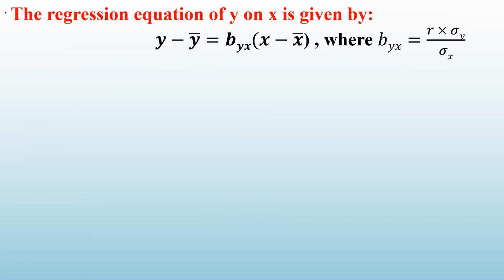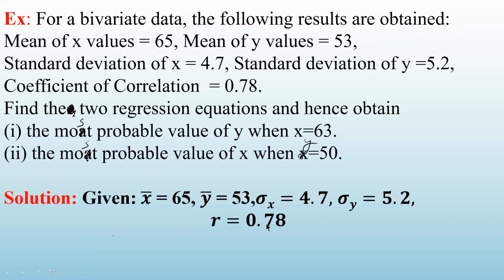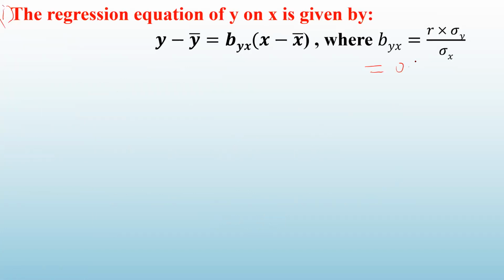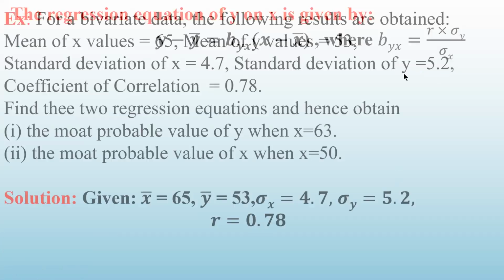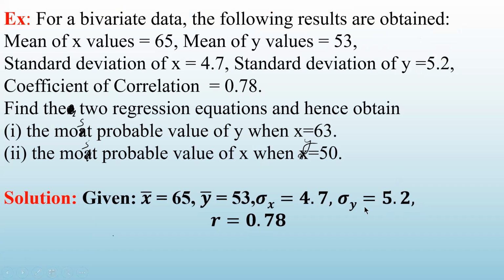This is our first question. So calculate this. Byx is r into sigma y upon sigma x. What is r? R is 0.78. So in place of r, I will put 0.78 into, what is sigma y? Sigma y is 5.2 and sigma x is 4.7.